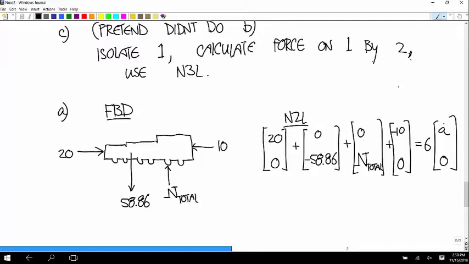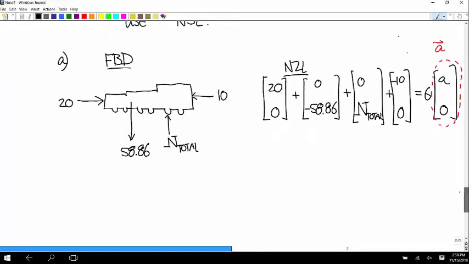What are we trying to calculate? That's the mass of what we're isolating here, 1 plus 2 plus 3. Yeah, we want the acceleration, and this is the acceleration vector. We just need to figure out what that variable a is to finish this, and so all I need to use is the x equation.